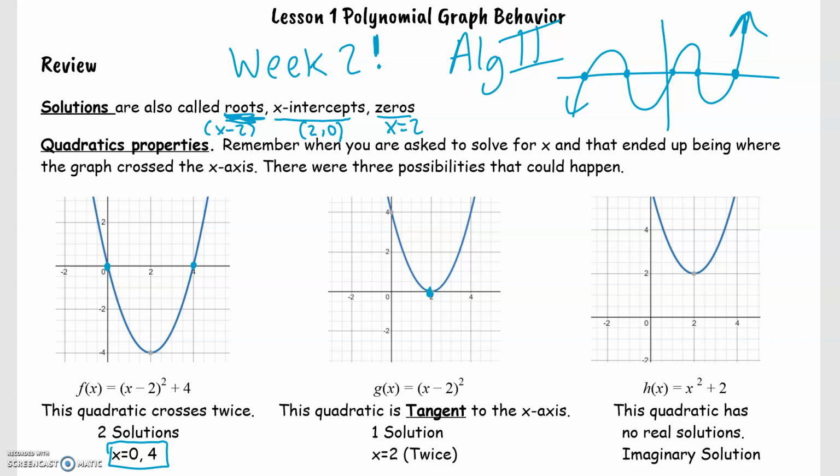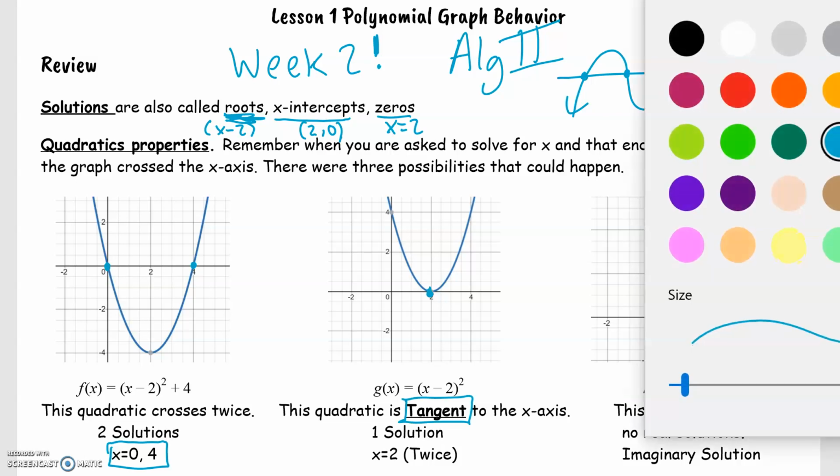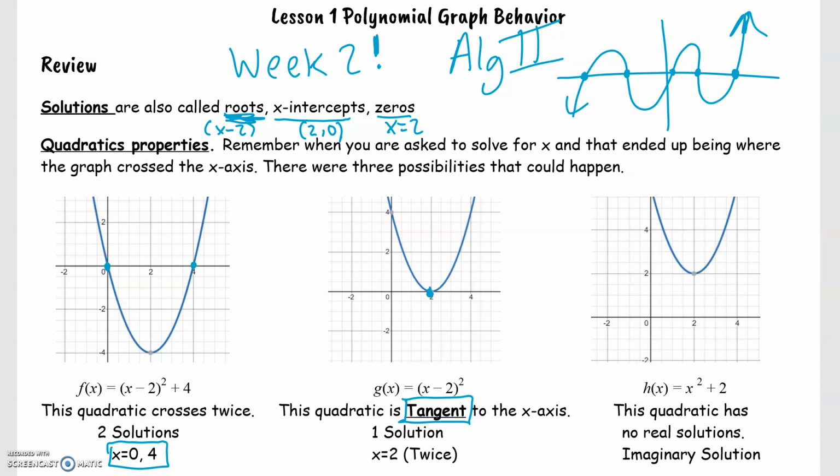Now instead of using the term bounce, because that's not mathematical vocabulary, it's tangent. Do you remember when you were in geometry and you learned about circles? And I'm going to move that over here.